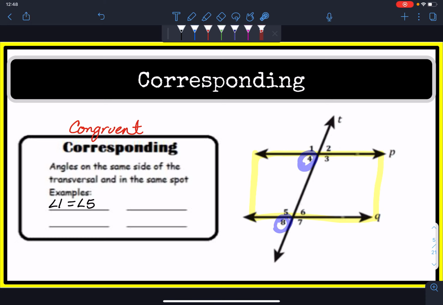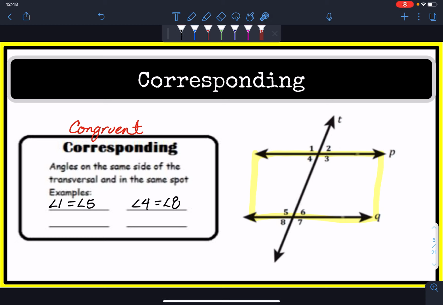Notice how angle 4 is on the inside between P and Q, and angle 8 is on the outside. Since they're both on the left of the transversal, one on the inside and one on the outside, that's another way of thinking about corresponding. So angle 4 and angle 8.